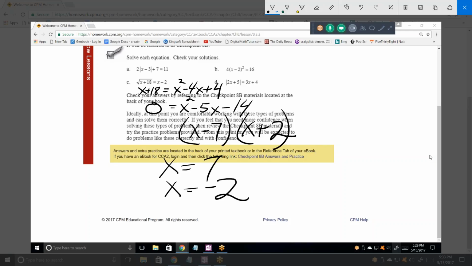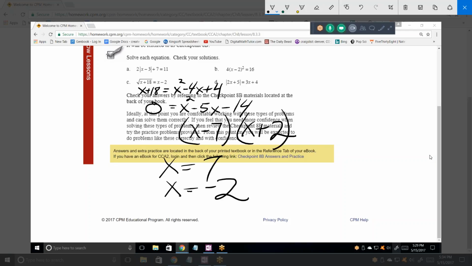Now, whenever you have absolute value signs, radical signs, there is a high likelihood of having an extraneous solution that does not work. Does 7 work?